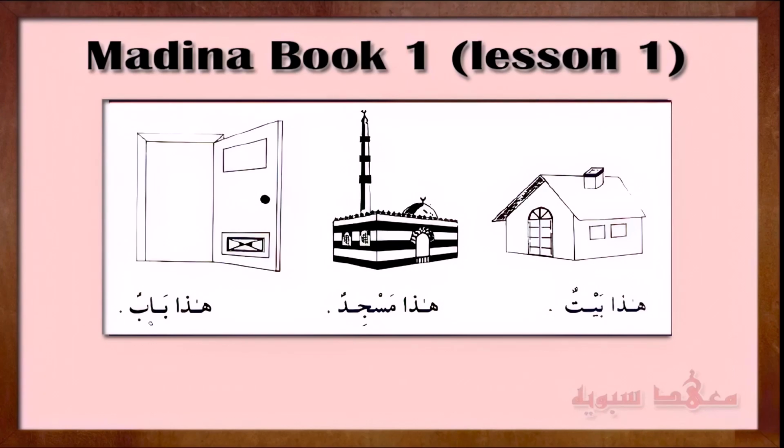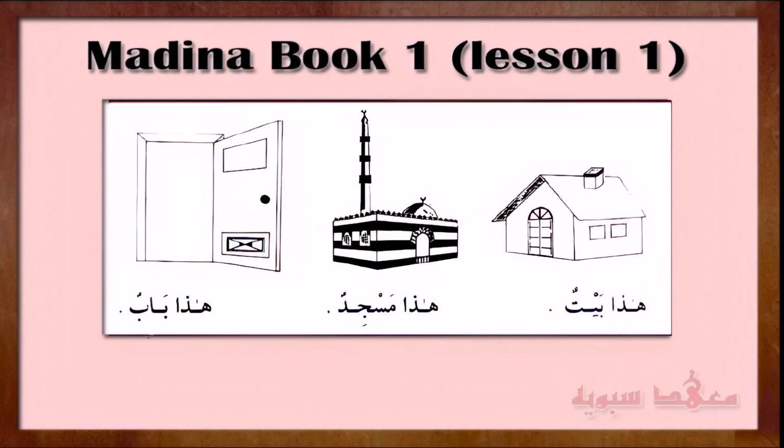They're all indefinite, unless you're talking about a specific entity. When you're indicating them by using hadha, you're pointing to what entity they are. That this is a house, this is a masjid, this is a door.